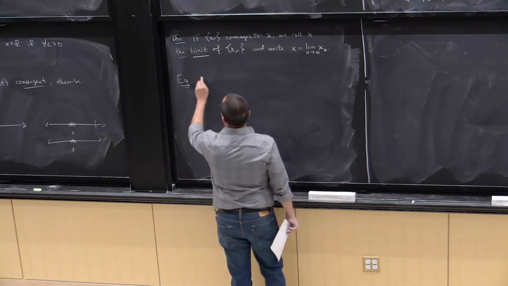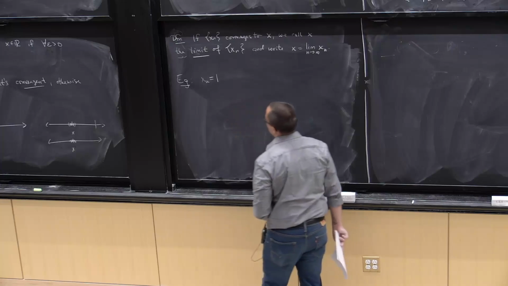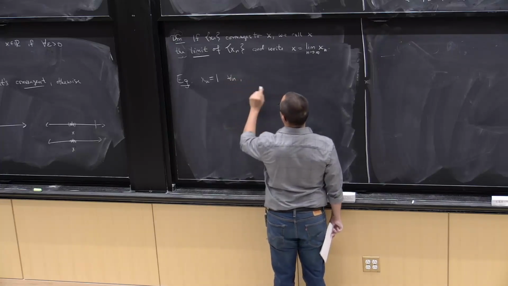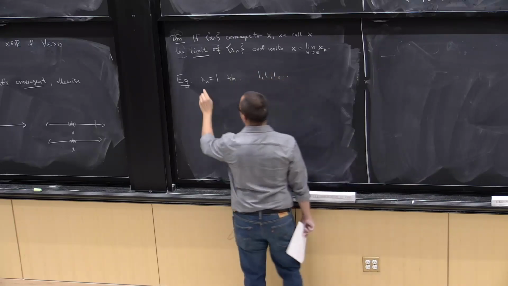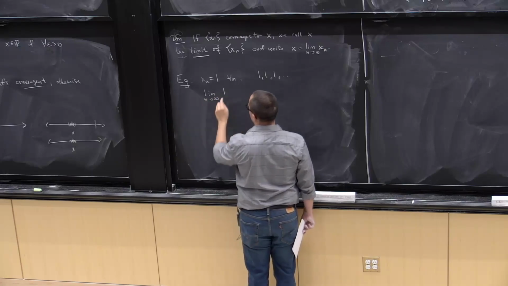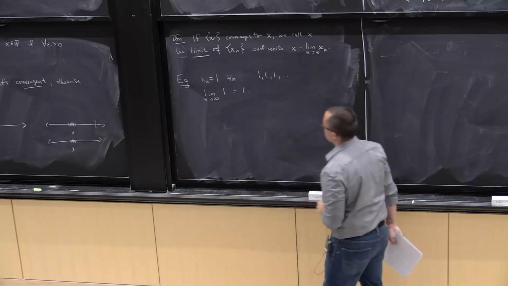So, for example, let's look at the constant sequence x of n equals 1 for all n. So that's the sequence 1, 1, 1, and so on. Then I'm just going to write 1, not x of n. The limit as n goes to infinity of 1 equals 1.